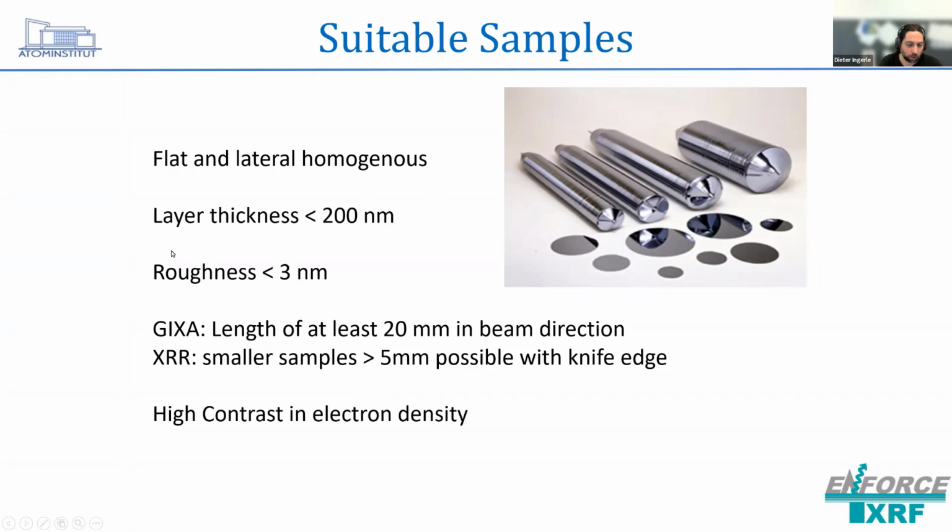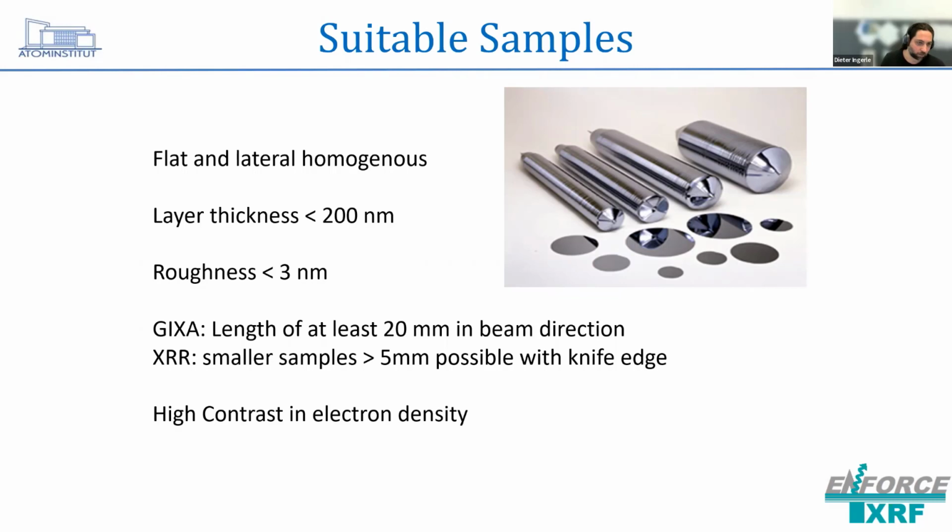And for analysis of layer thickness, surprisingly, similar maybe to TXRF, less is better. Layer thicknesses in the range of some nanometers to 20, 30 nanometers, or even 50, are optimal, whereas we are already struggling with layers of about 100 or 200 nanometers in thickness.